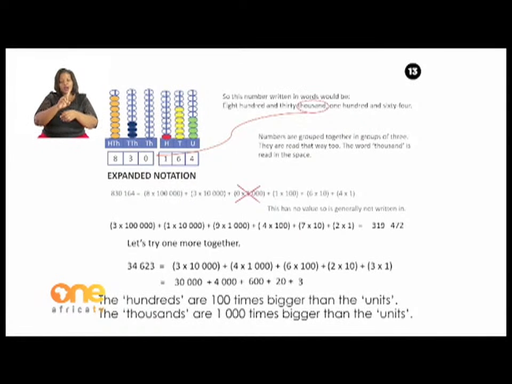You take 3 in the place of 10,000, you multiply with 10,000. 0 in the place of 1,000: the value of 0 is 0, so even if you multiply 0 times 1,000, you get 0. That's why there's a cross there, for you to know that we do not write that. We have 1 in the position of 100, you multiply with 100. We have 6 in the position of tens, you multiply with 10.